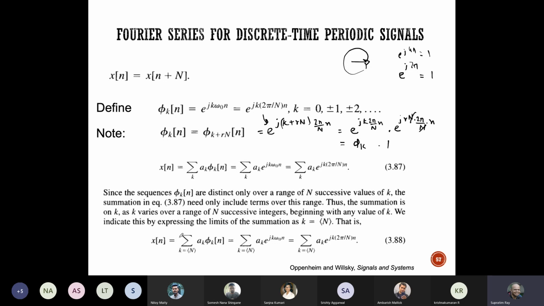This takes a while to understand, but it is actually key for understanding the discrete time Fourier series and the discrete Fourier transform, which we'll get to. They all rely on the fact that, unlike the continuous time domain, in the discrete time domain it becomes periodic again. k plus rN is the same as k.